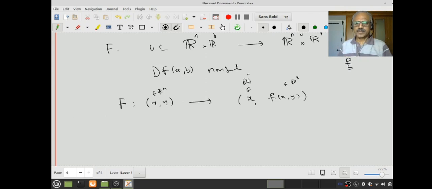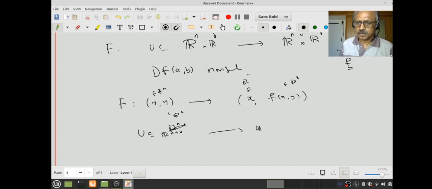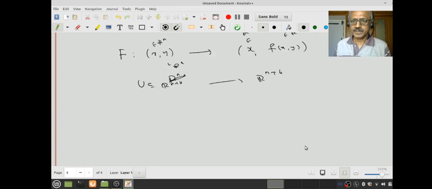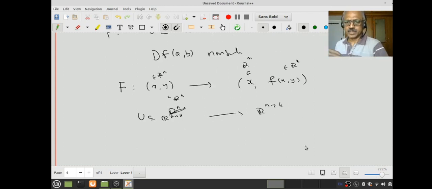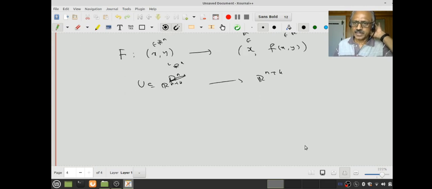So I have a map from Rn plus k, of course this is u, to Rn plus k. Do you understand this? The first n coordinates are mapped to themselves, but the second k coordinates are f1 of x, y, f2 of x, y, fk of x, y, that is f of x, y. Do you understand?